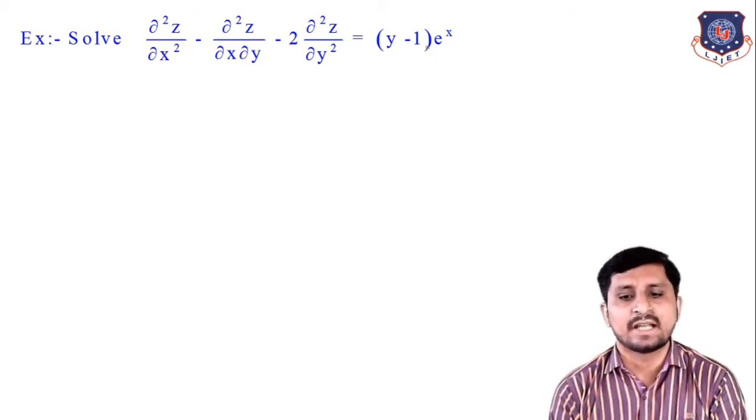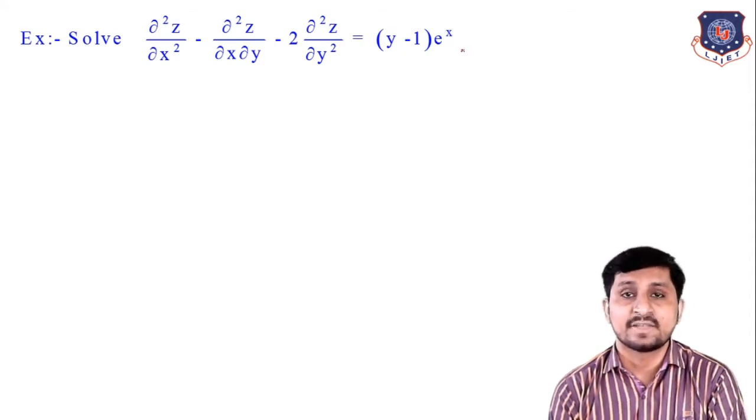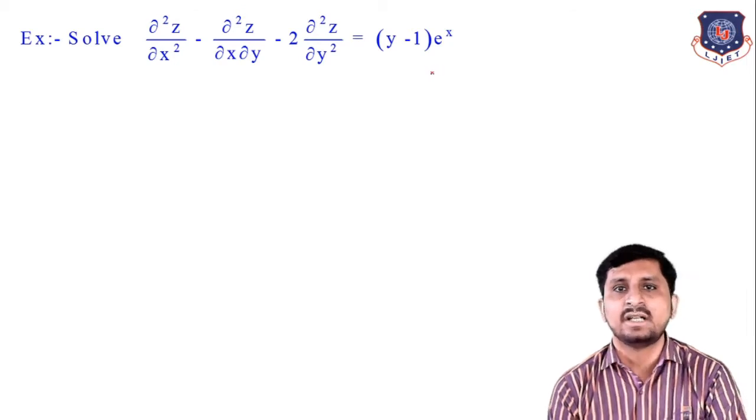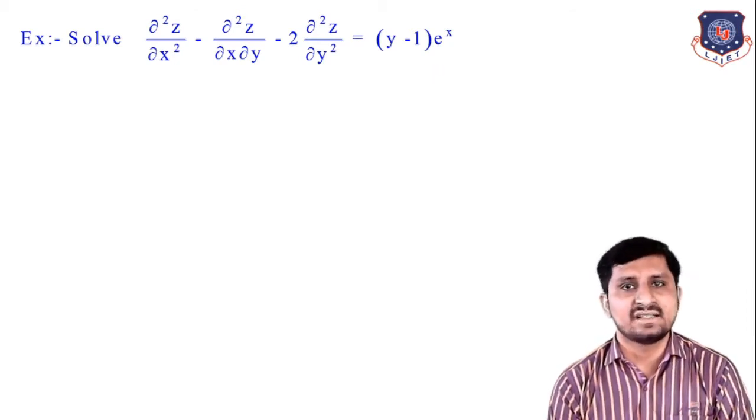No, you cannot, because this function is not e raised to ax plus by, is not a sine or cos function, is not a polynomial, and is not a function of ax plus by. So in that case, to find the particular integral for this example, you definitely have to apply case 5. I hope you can understand.